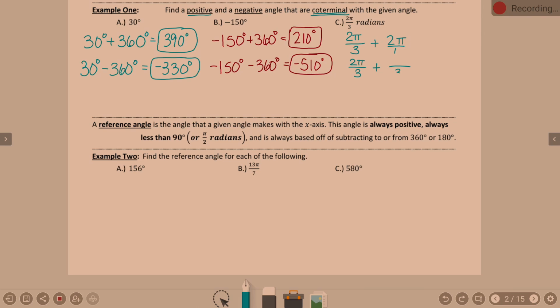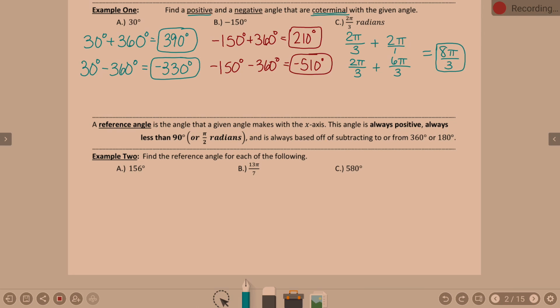So 2 pi over 1 becomes 6 pi over 3, multiplying top and bottom by 3. What is 2 pi over 3 plus 6 pi over 3? 8 pi over 3. Okay, that's one of my answers.